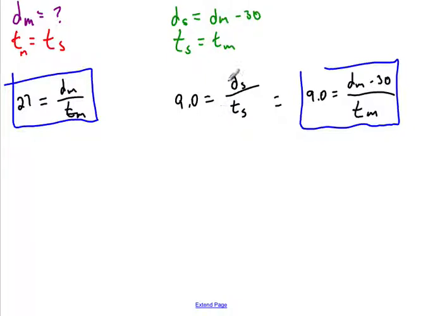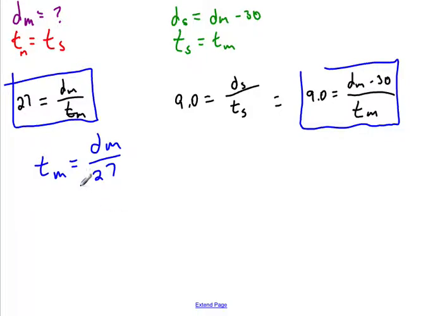I do a different way, but this way we would change D Mac with 9, so it would be D Mac equals D Mac minus 30 divided by 9. So you want to take this and substitute it over here? Yeah. You can do whatever you want. How about this? Can I do this one?